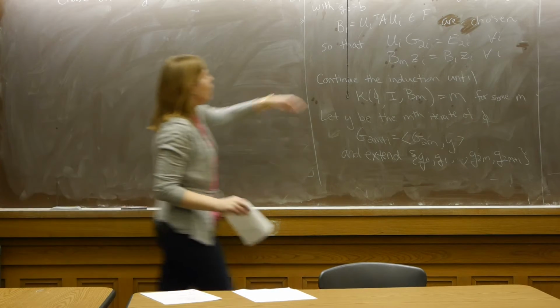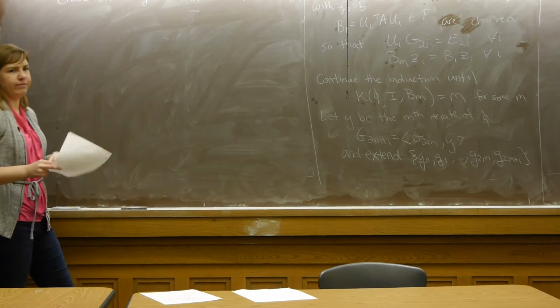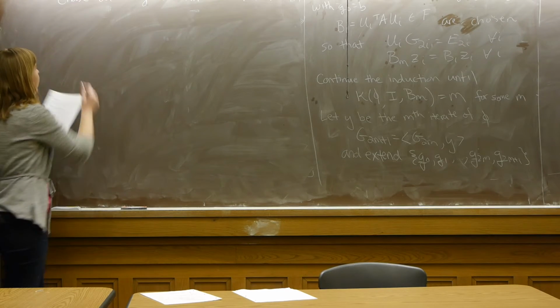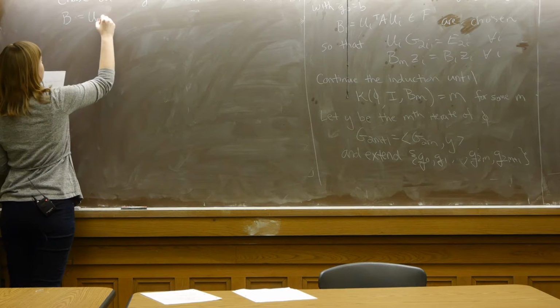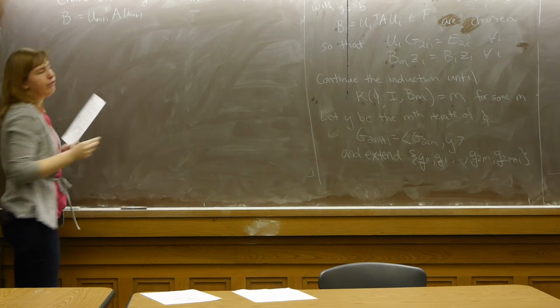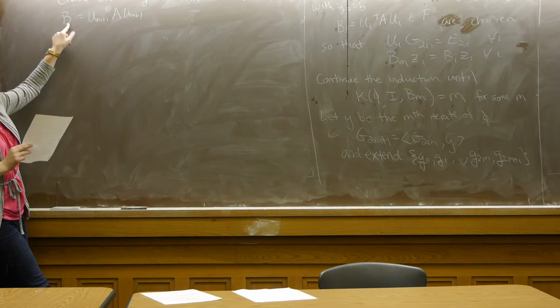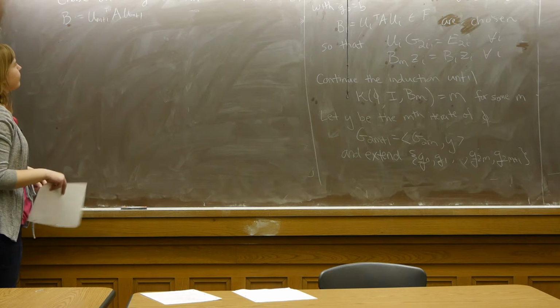So this is what we had assumed at each step of the induction. We just are going one step further. And then finally define B to be UM plus 1 transpose A UM plus 1. If you remember, the statement of the theorem talks about a matrix B. This is the matrix that we're looking for, the finale of the theorem.